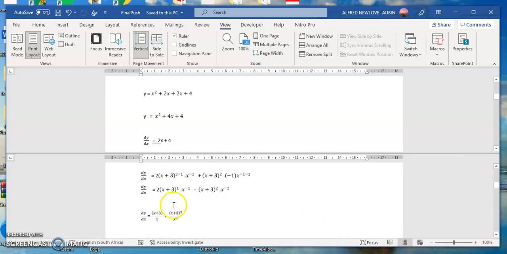Now, this is x to the power negative 1. It will become a denominator. Then there should be 2 here.